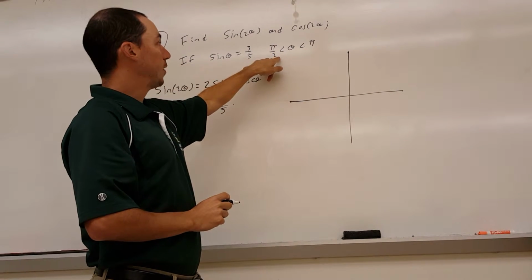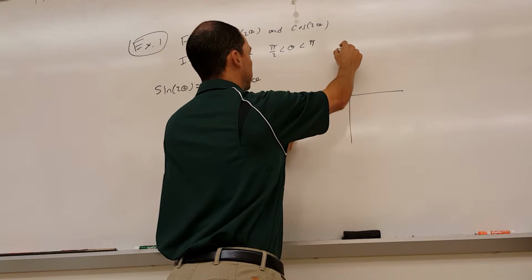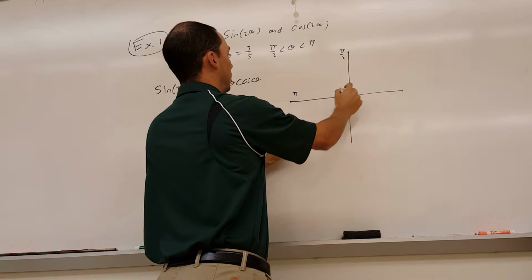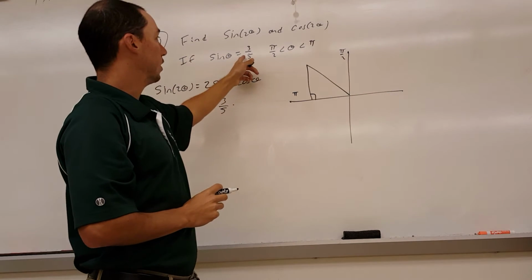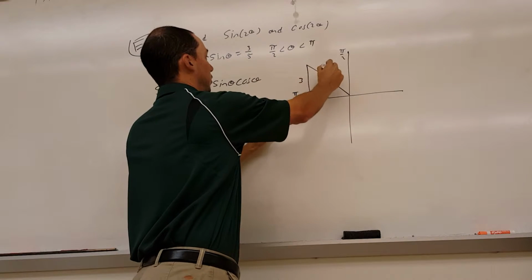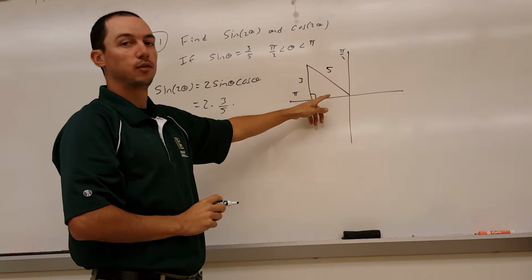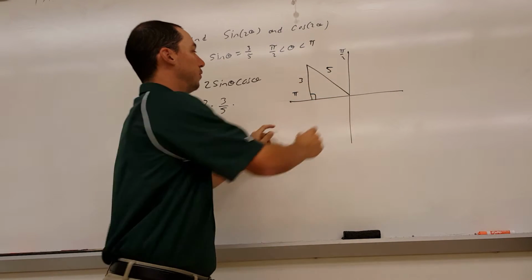Theta is between pi over 2 and pi. Here's pi over 2, here's pi. And there we are. Sine of theta is opposite over hypotenuse. Ooh, 3, 4, 5, you know it. 3, 4, 5, left 4.